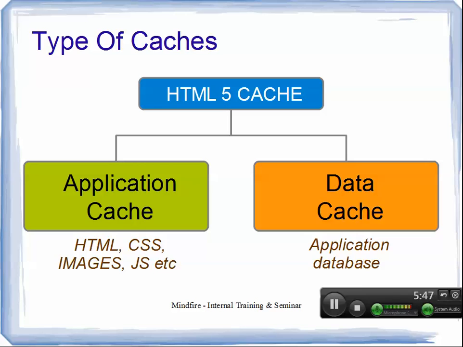We can cache those HTML files, CSS, images, and JS, which is called the application cache, and we can also store some data in the browser, which is called the data cache.